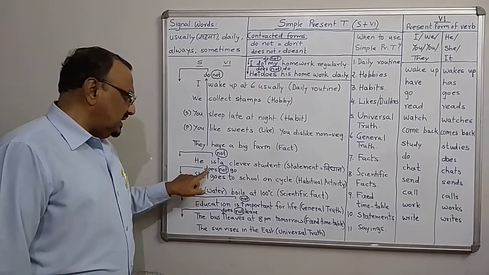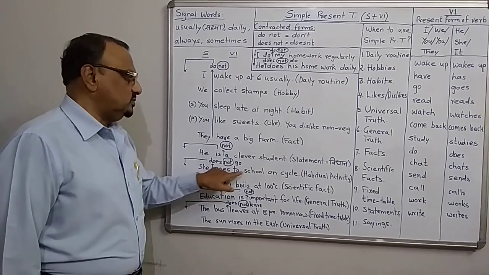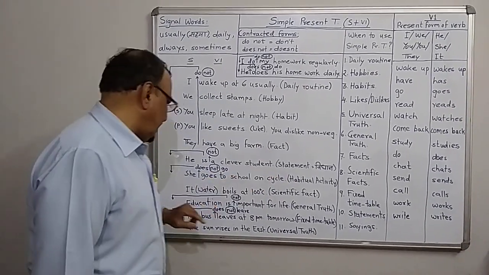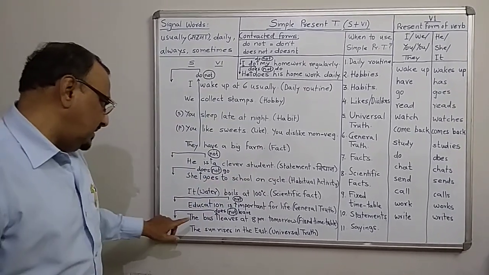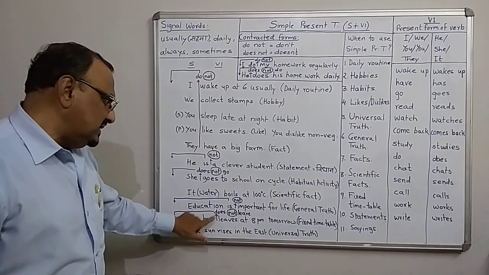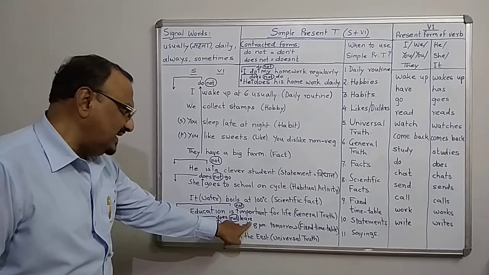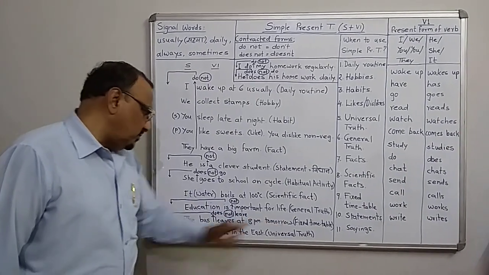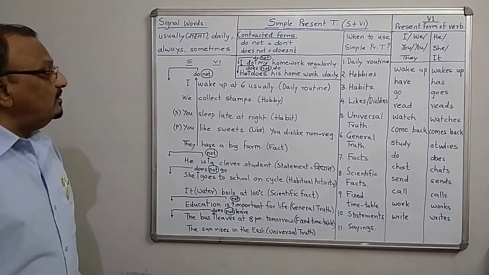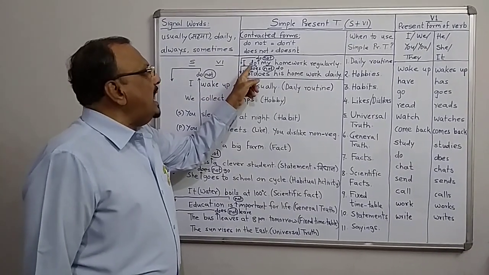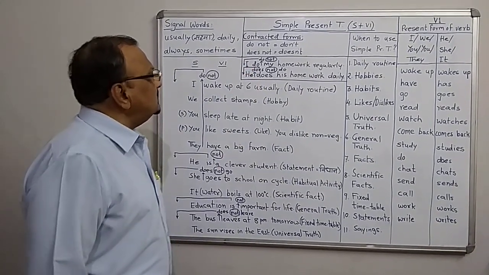So she does not go to school on cycle. Okay, then here the bus does not leave. See here, the bus does not leave at 8 p.m. tomorrow. Okay, now here also we can see I do not do.